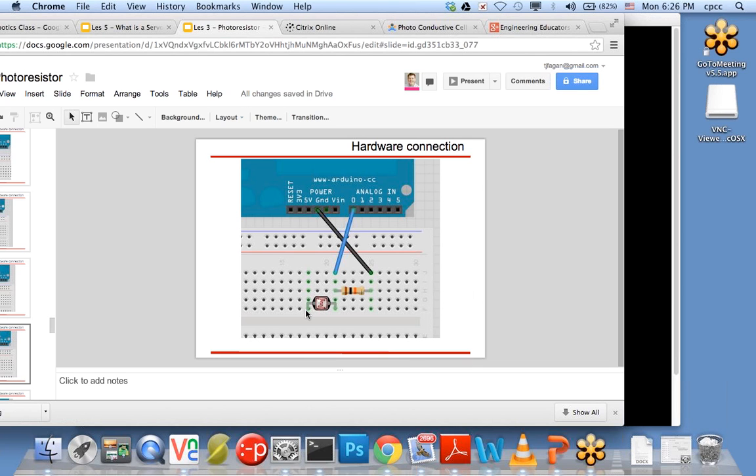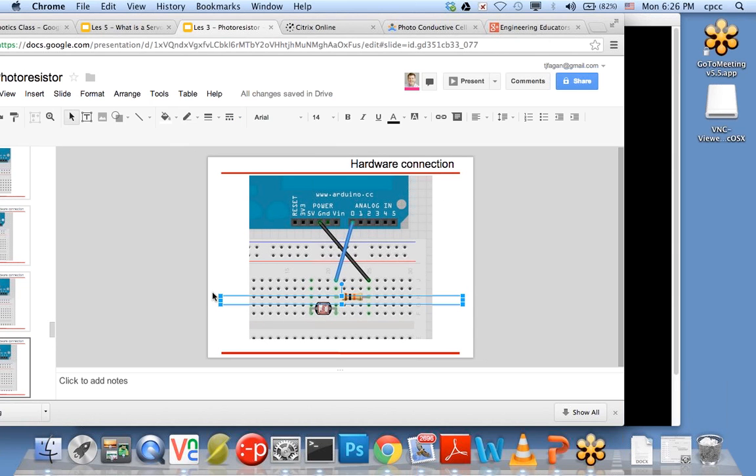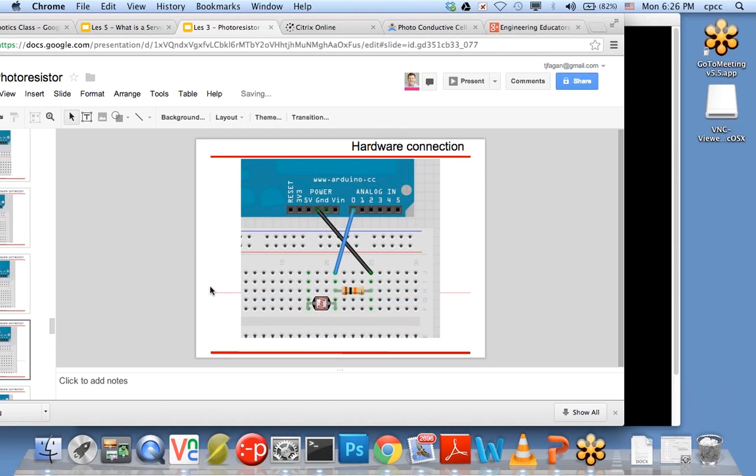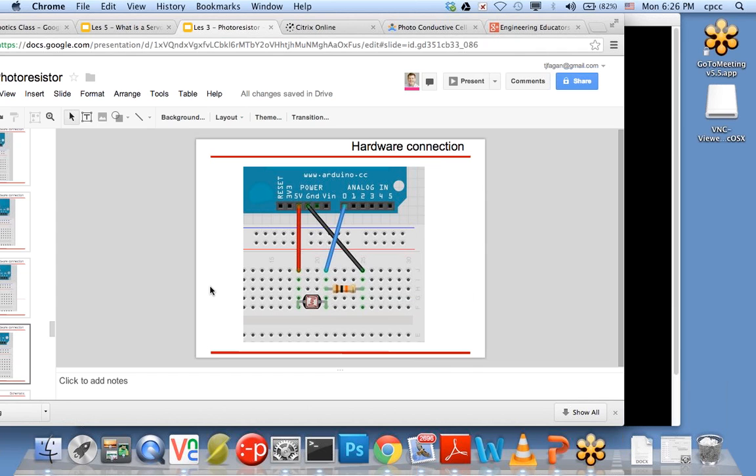So now you use that resistor. Lower everybody's hands and take your photoresistor. Now you're going to hook it up to the same column that the leg is that's hooked up to the analog 0. Again, that is a must.